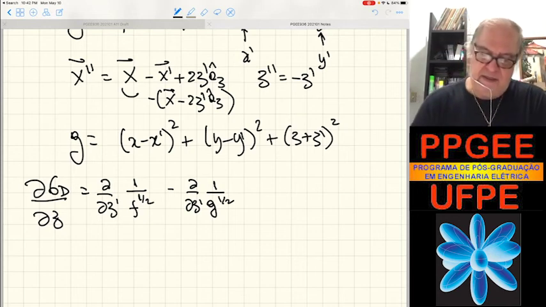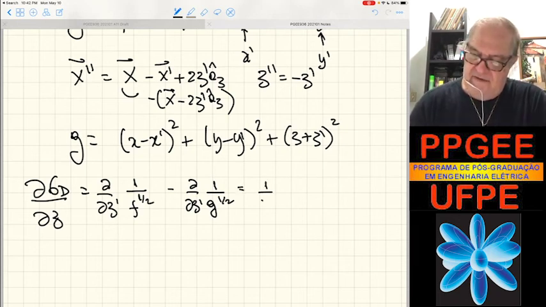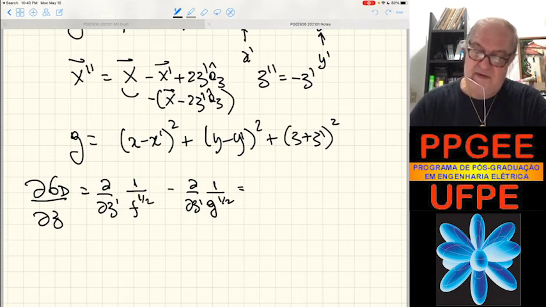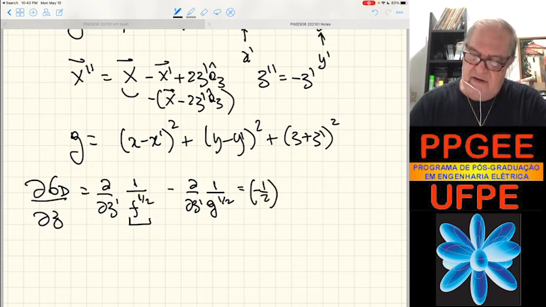So this is going to be, for the derivative of f to the minus 1/2, minus 1/2 times 1 over f to the 3/2 times df/dz prime.